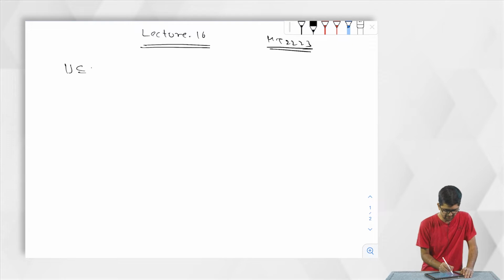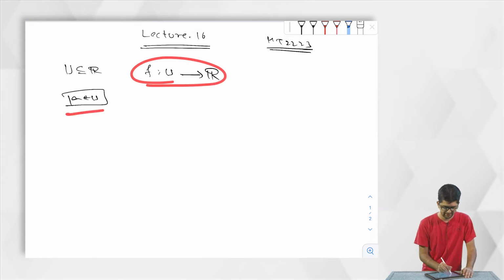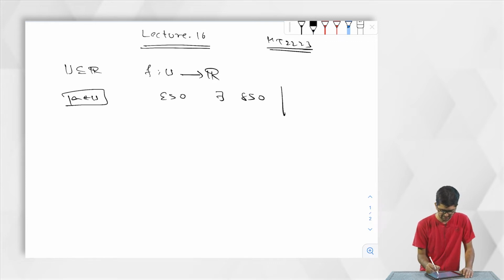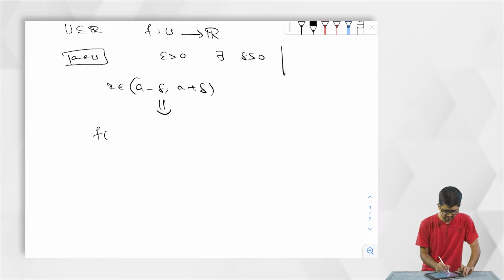I have a subset U of R and a map from U to R. I fix some element a belonging to U. We say that this map f is continuous at this point a if, given epsilon positive, there is a delta positive such that whenever x belongs to (a minus delta, a plus delta), we have f of x in (f of a minus epsilon, f of a plus epsilon).